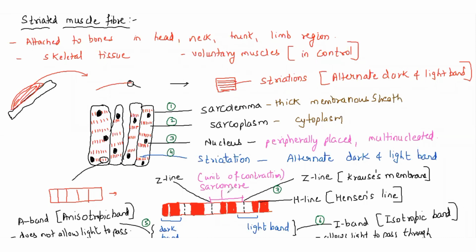The distance between the two dark lines is called sarcomere, which is the unit of contraction. And in the dark band, you will see some light region or light line present that is called the H line, or even Hansen's line. After this, we have to talk about the next part, that is non-striated muscle fiber.